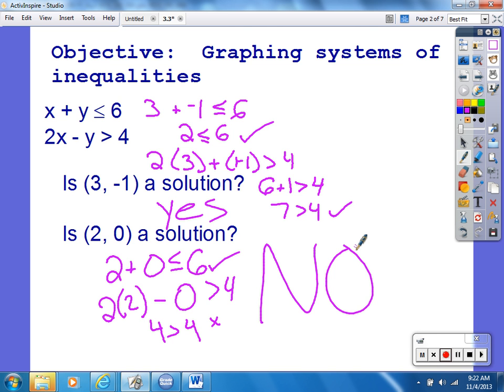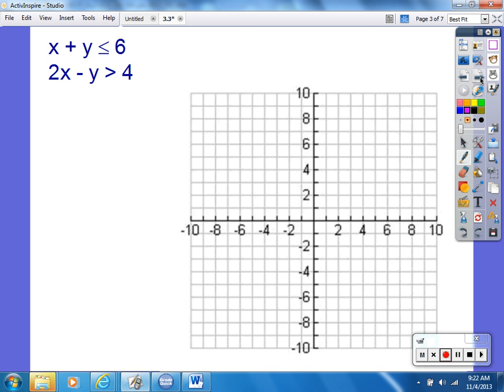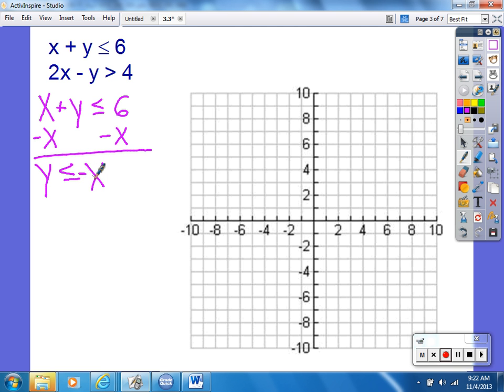Well, since we're working on graphing this, let's go and graph. So we already wrote down the equation. What do I need to do with that first equation in order to graph it? Good. So x plus y is less than or equal to 6. We subtract x. y is less than or equal to negative x plus 6.